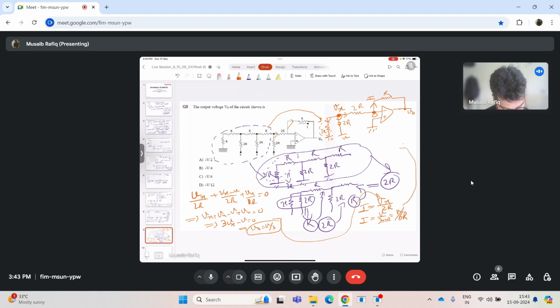And ultimately my output is equal to minus I times R. So this is minus V by 6R times R. So it is minus V by 6. So this is my answer, that is option C.